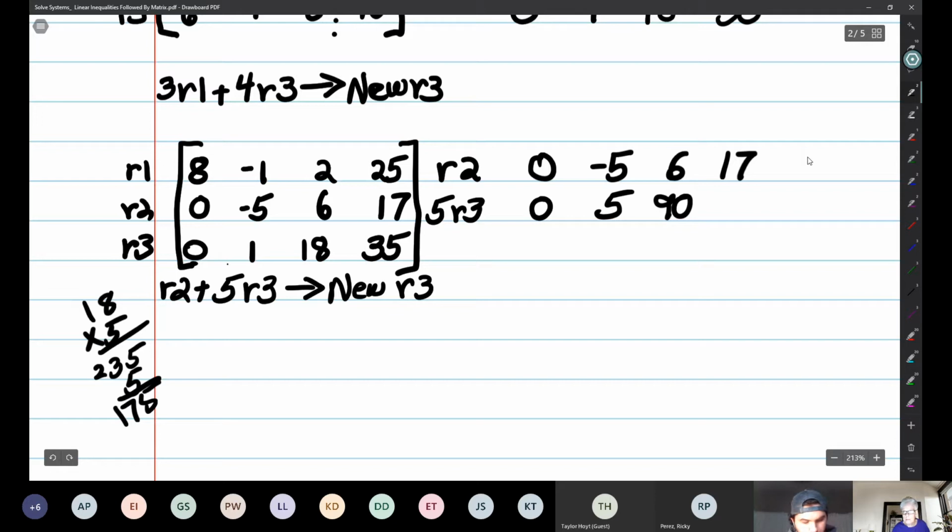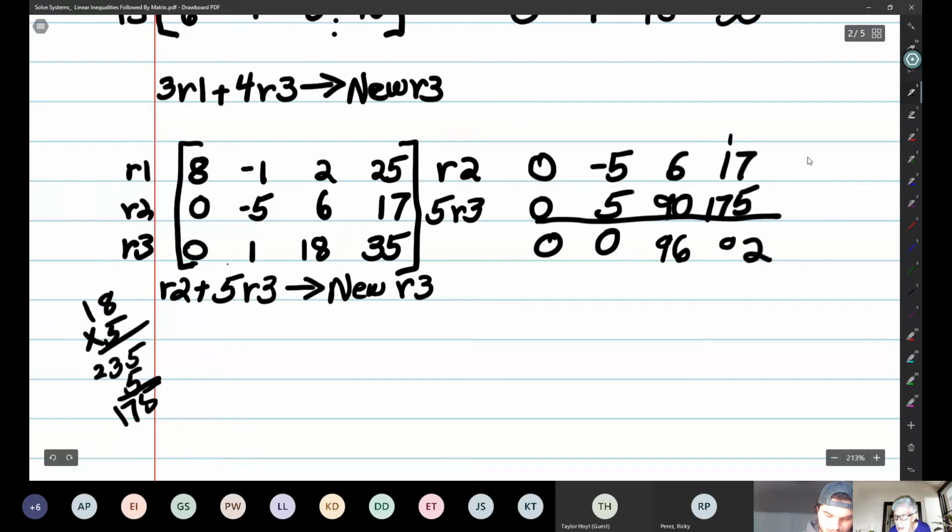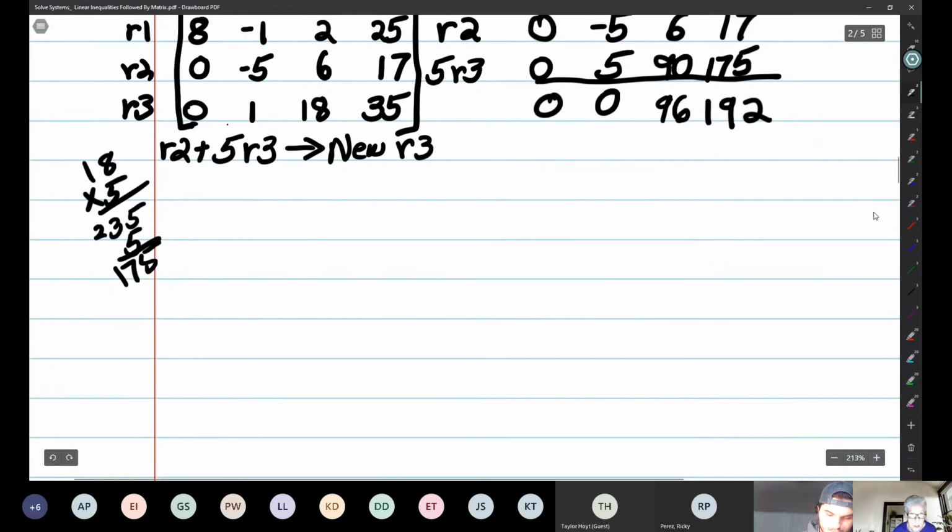Is 175. So yeah, 5 times 18 was 90. Okay, okay. So, do we have any negatives? No, okay. So 0, 0, 96, and 7 plus 5 is 12, carry the 1, that's a 9, and a 1. So we now have a new row 3.